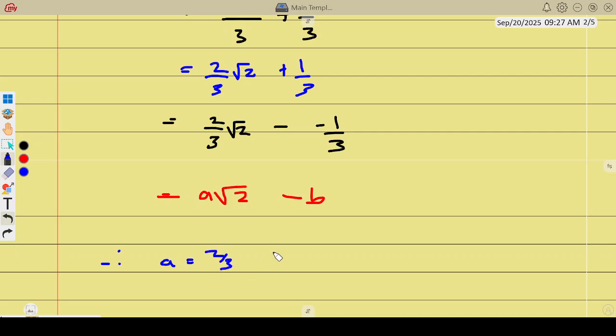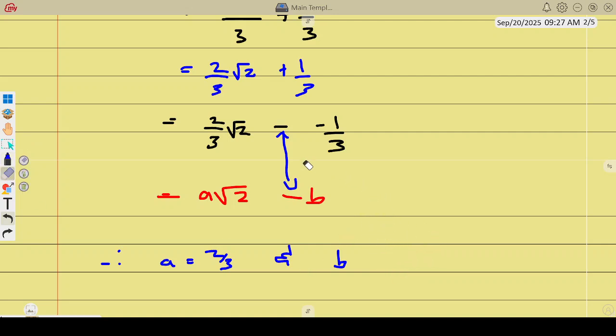2 over 3. And B, so the minus is here. This is the minus. B is negative 1 over 3. Yeah, so that's how you go about this.